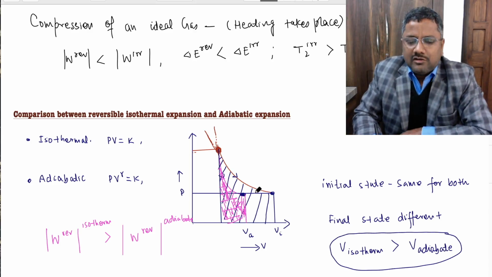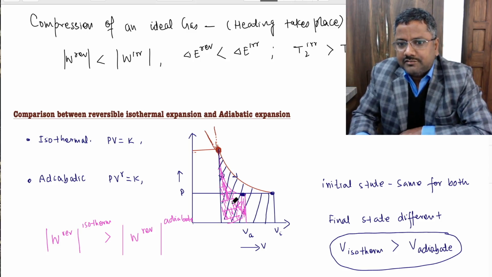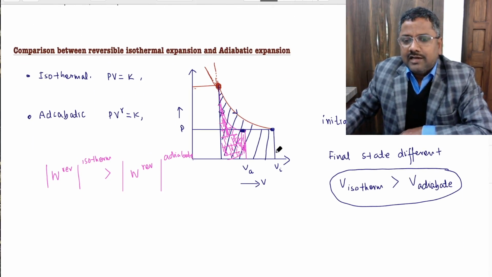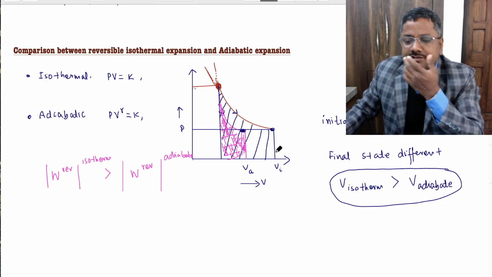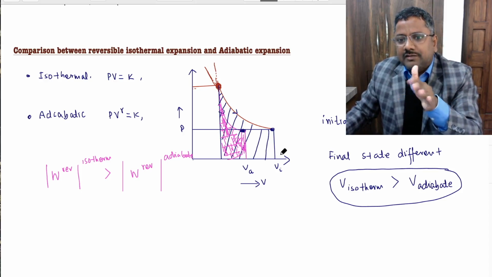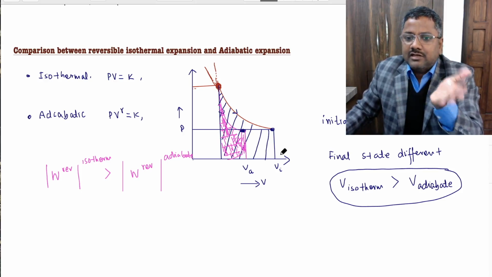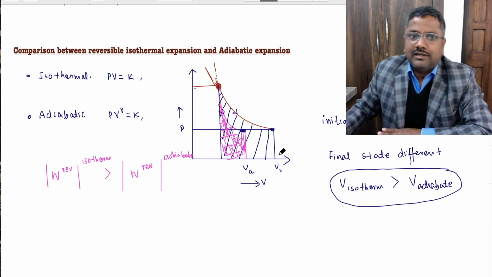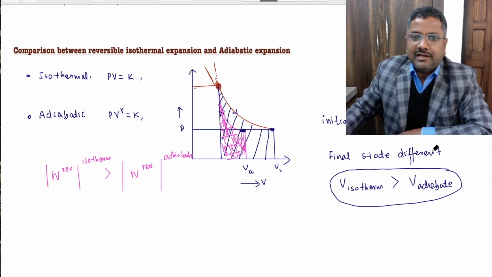And if you want to fix the volume the same, then the pressure will be different. When the volume of the isotherm is more, the pressure of the isotherm is less compared to the adiabat. In this way you can compare adiabat and isotherm.